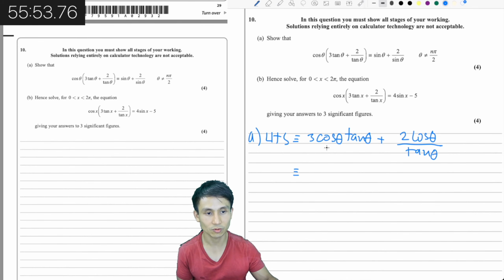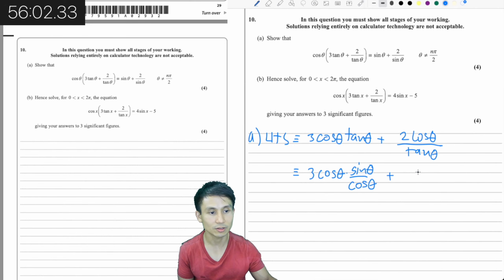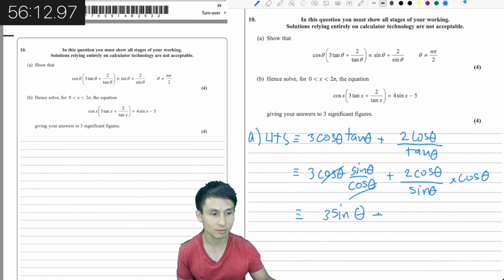Okay, so this is tan is sine over cos, don't forget. So we have times sine over cos here. And again, this is also 2 cos theta, sine theta here times cos theta over here. Cos cancels with cos, so we get 3 sine theta plus, interesting, so it's not canceling here.